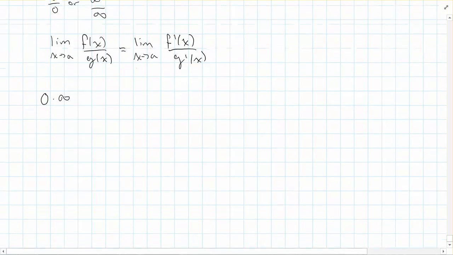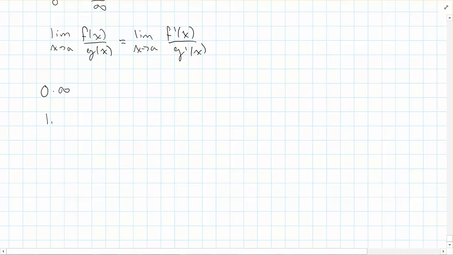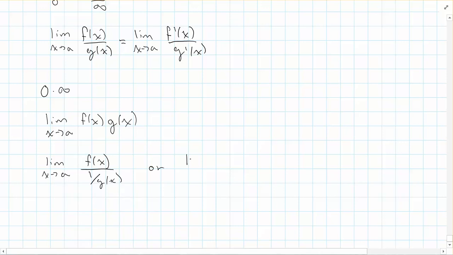If we had 0 times infinity, like the limit as x approaches a of f(x) times g(x), we would write it as one of two cases: the limit as x goes to a of f(x) divided by 1 over g(x), or the limit as x approaches a of g(x) over 1 over f(x). And we did a couple examples of that.